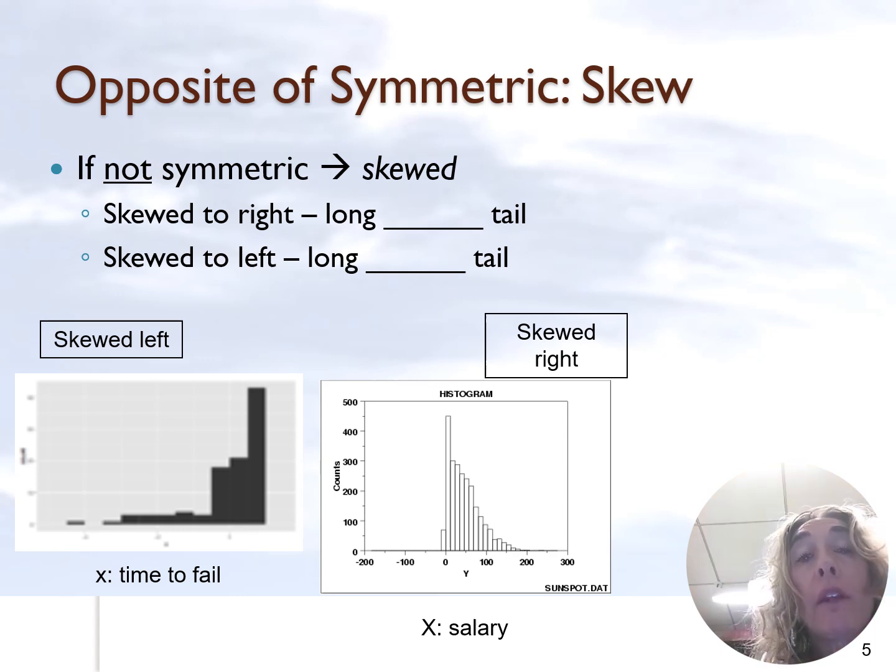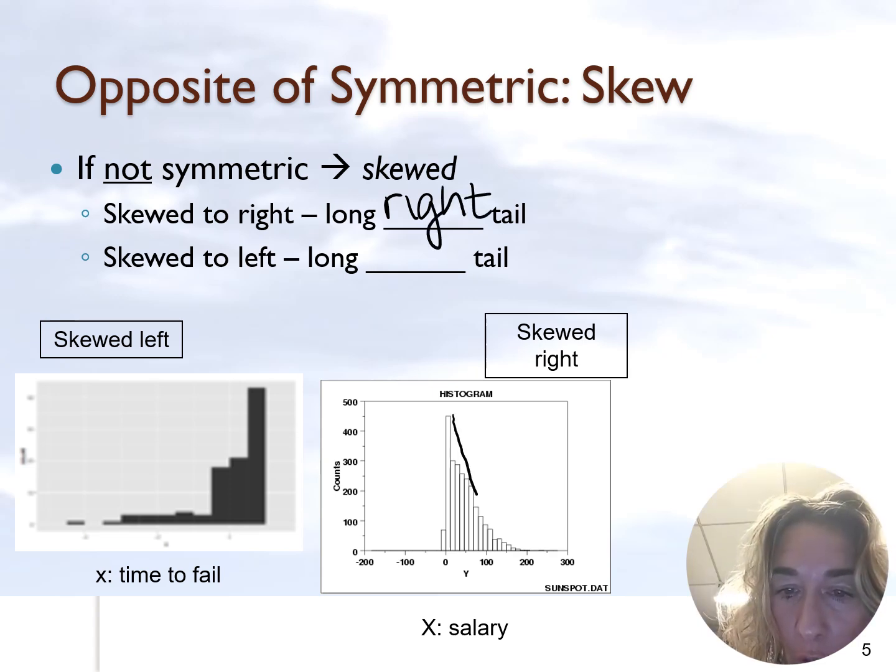The opposite of symmetry or being symmetric is known as being skewed or skew. If a distribution is not symmetric, then it is skewed. We have two possibilities for skewed. A distribution can be skewed to the right, meaning it has a long right tail, such as shown here.